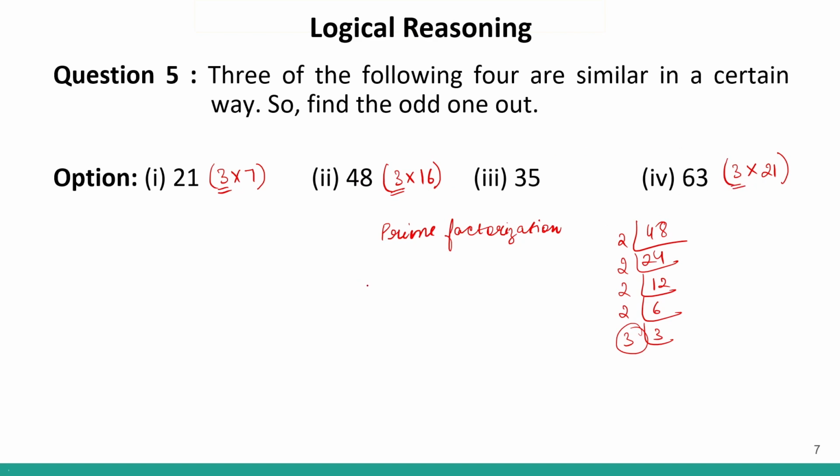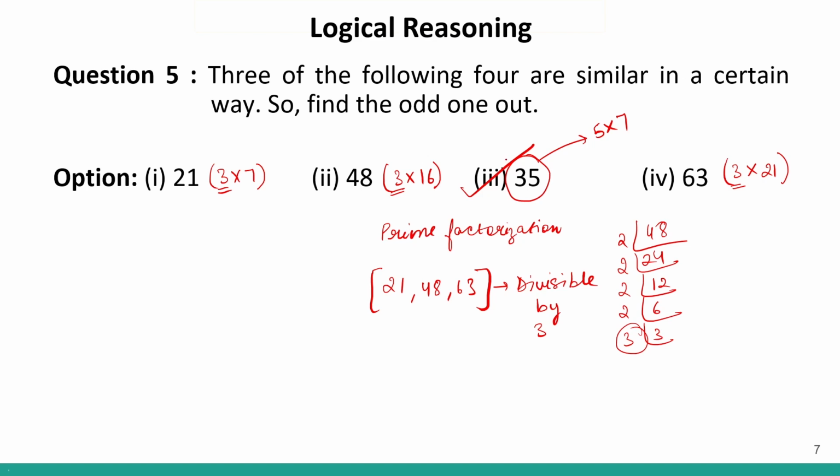Another way, we can say that 21, 48 and 63, these three numbers are divisible by 3. Correct? Only the number 35, what would be the factors? 5 into 7. This is a number that is not divisible by 3 and it is not a multiple of 3. So my odd one out answer will be option number 3, 35.